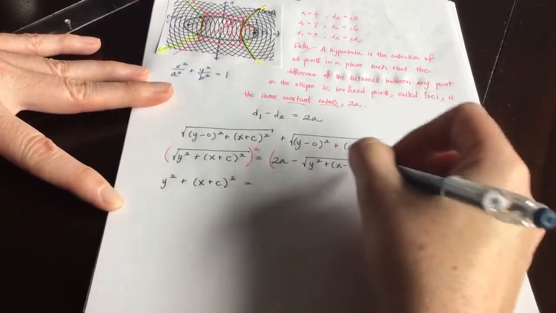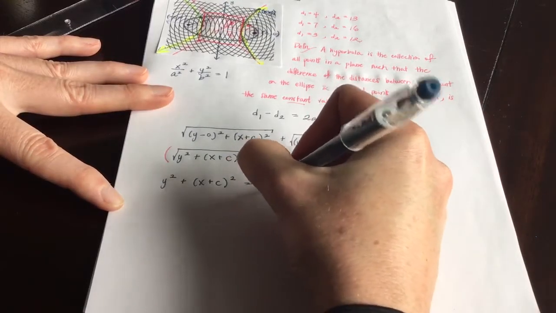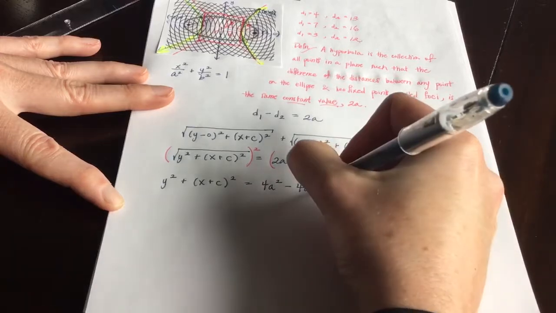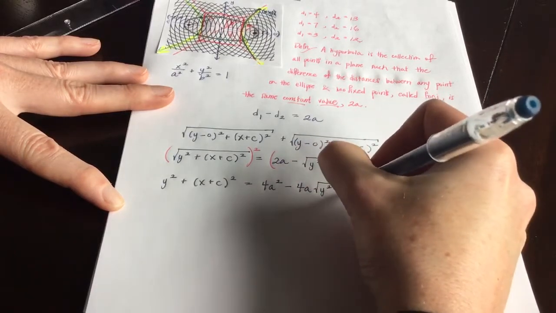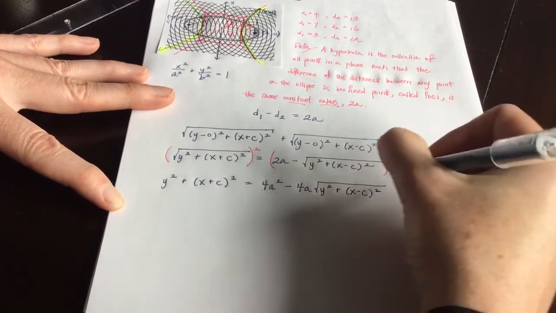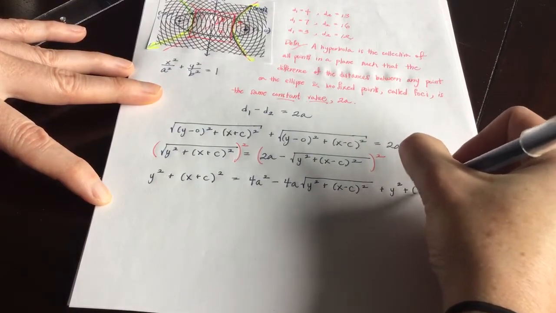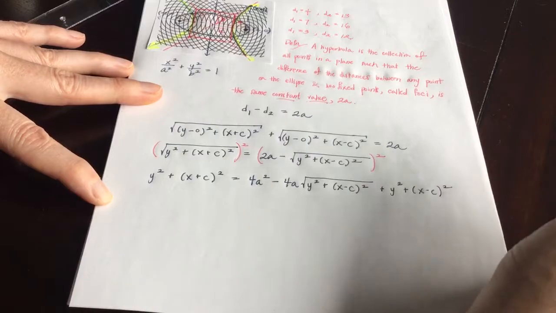On the right side, you'd have to use the FOIL process to figure out what you'd have. Like so.